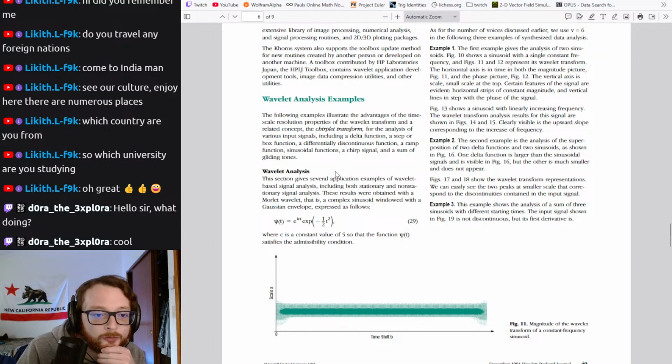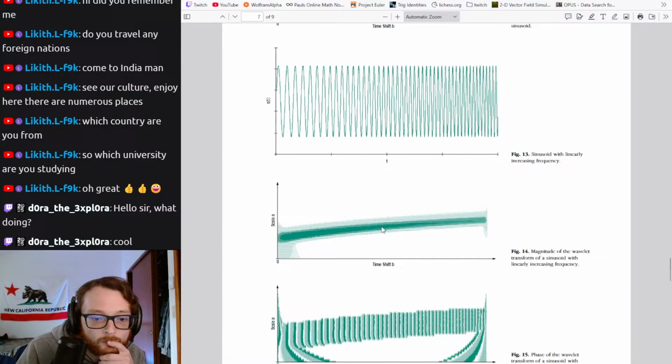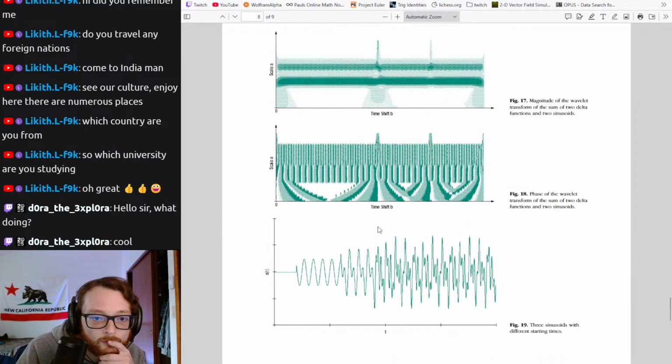Okay, wavelet analysis examples. Chirplet transform. That's a new one for me. Ooh, that's a cool looking picture.